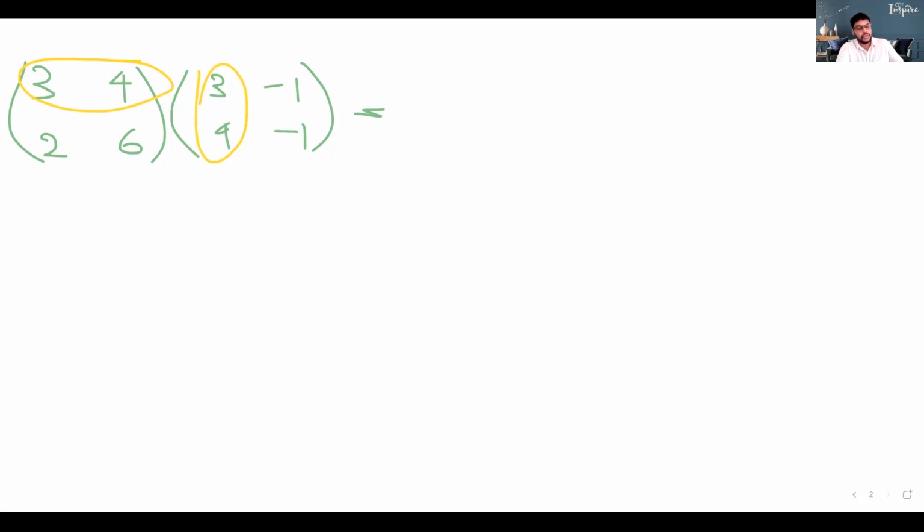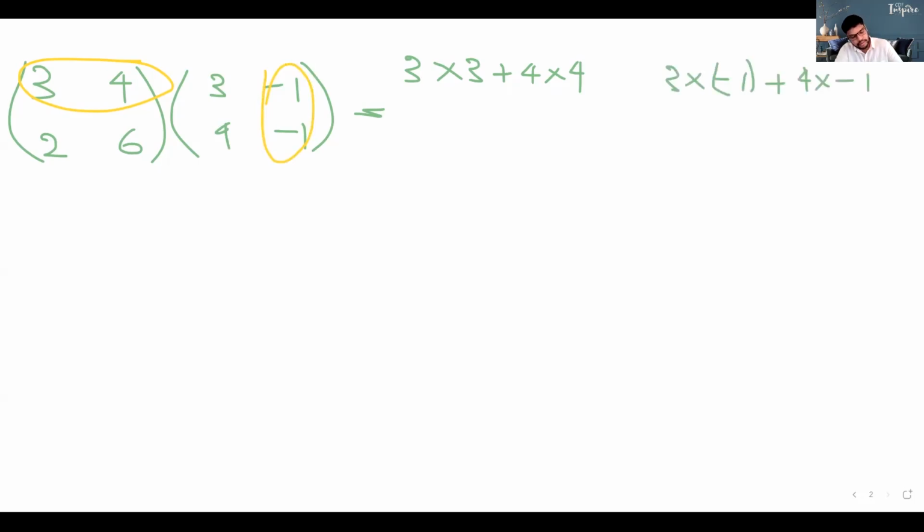So children, what you do is you first times 3 by 3 plus 4 by 4. So that's the first row with the first column. Then you go on to the second column of the second matrix. So here you have 3 times -1 plus 4 times -1. And then you go to the second row of the first matrix and the first column of the second matrix.